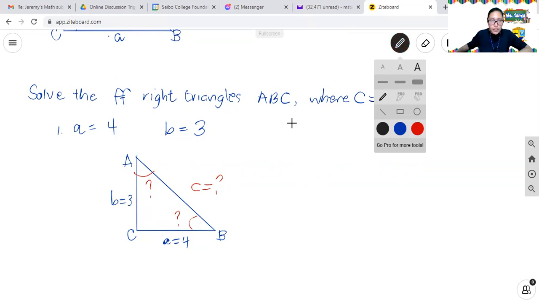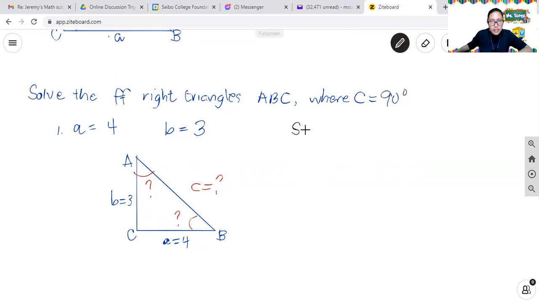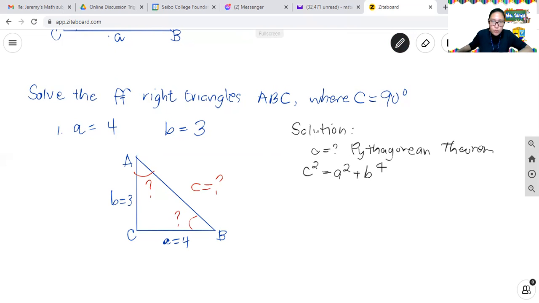What we can do here is first, we use the given values. We're given two sides, therefore we can find one side using the Pythagorean theorem. So the first thing that we can find here is side C. The Pythagorean theorem is c squared is equal to a squared plus b squared.